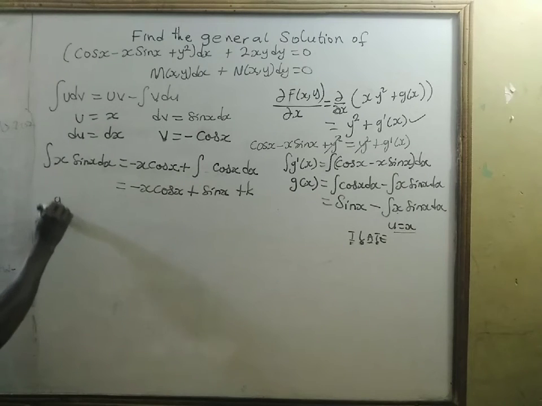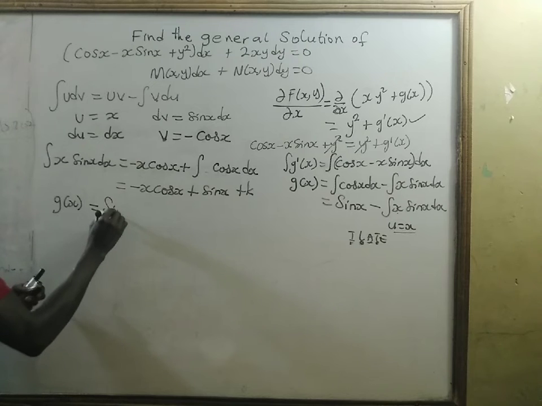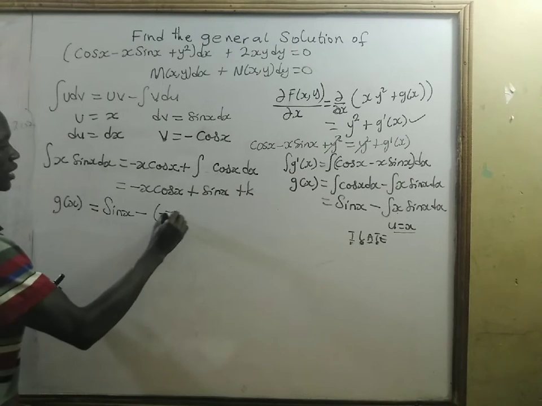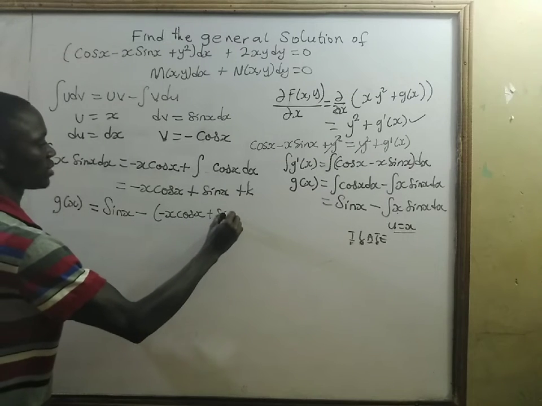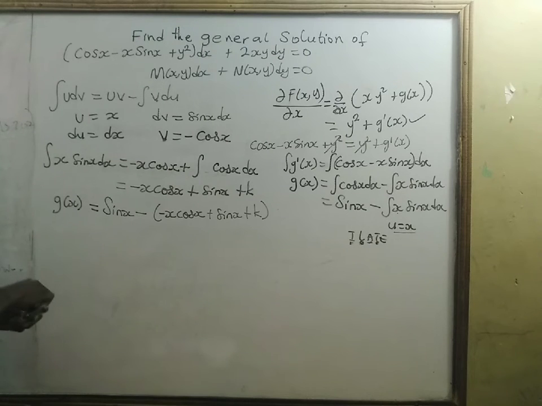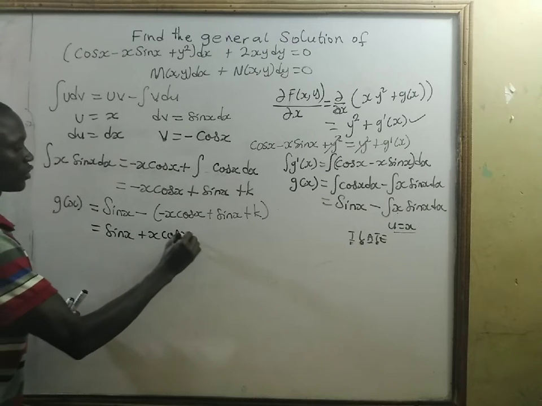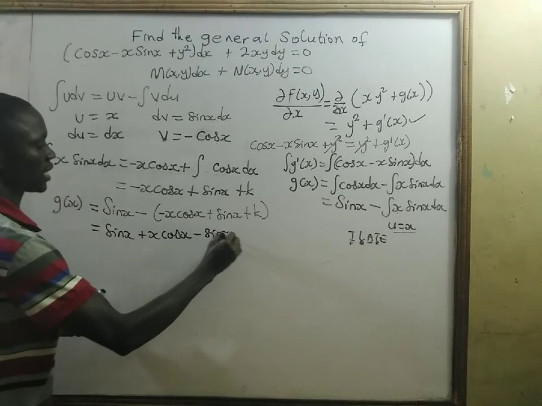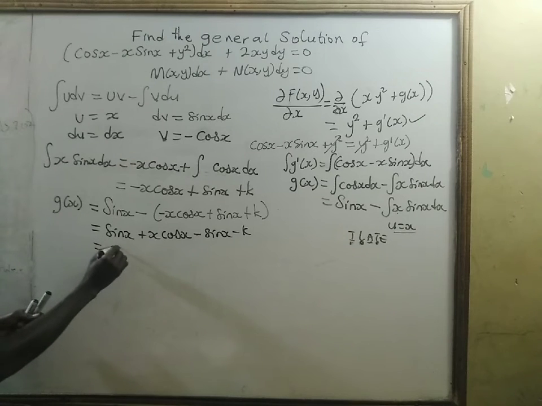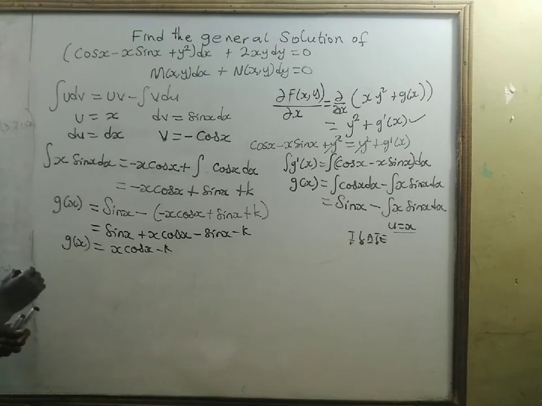So now we have our g of x to be equal to sine x minus x cosine of x plus sine x plus k, and that will give us sine x plus x cosine of x minus sine x minus k, and that is equal to x times cosine of x minus k equal to our g of x.